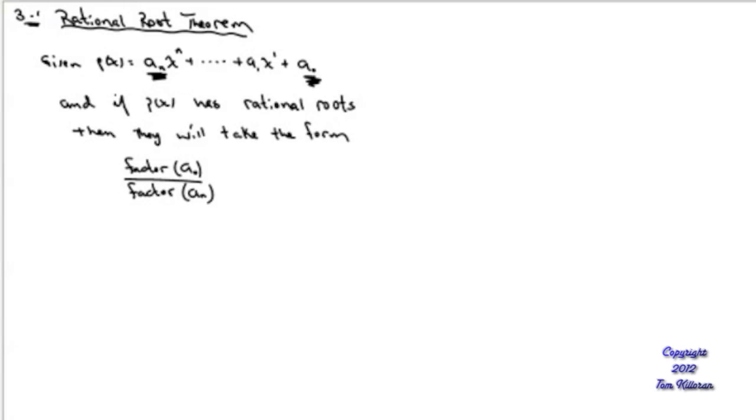A single factor of the last number divided by a single factor of the first number. Kind of doesn't make sense, does it? So let me show you what I mean. If I give you a function f of x equal to 3x to the fourth minus 2x squared plus 7x minus 12.